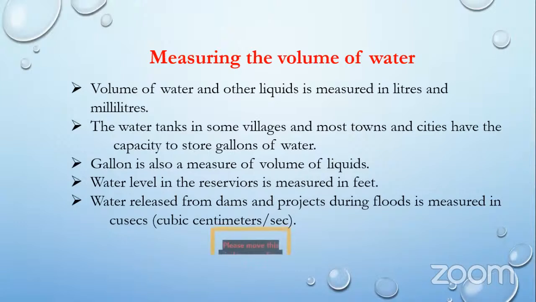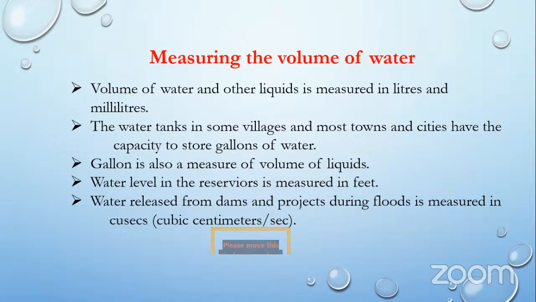So small capacity we won't measure. We measure them as gallons. You know, 1 gallon is roughly 4 liters. Okay. So it is measured in gallons of water. Gallon is also a measure of volume of liquids.